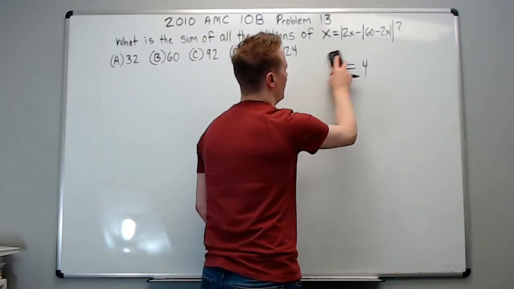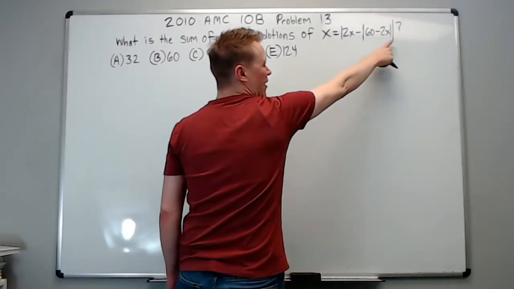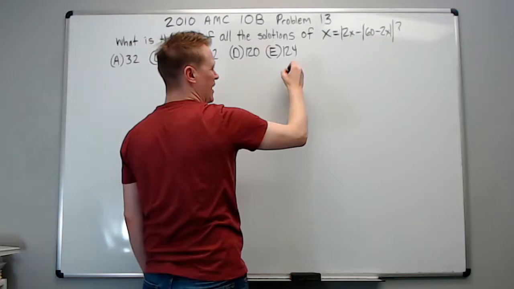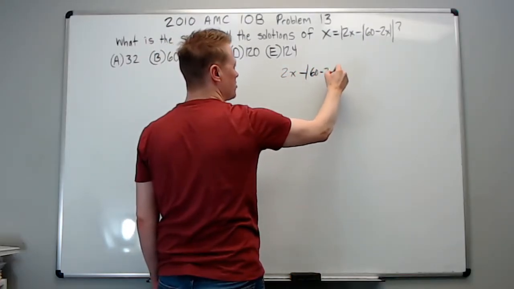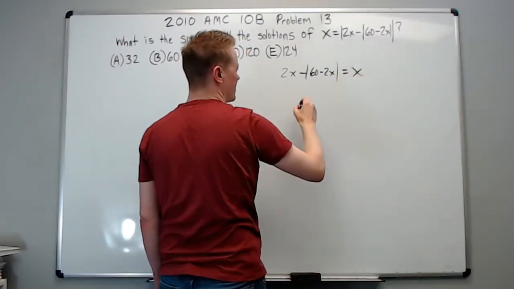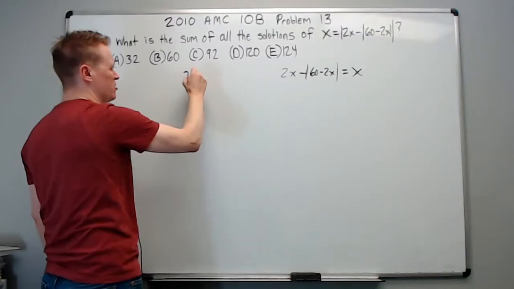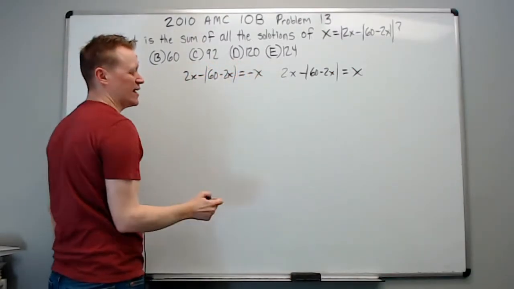Okay, then in that case, we can take off the outer absolute value first and get 2x minus the absolute value of 60 minus 2x equals x. We can also get that 2x minus the absolute value of 60 minus 2x equals negative x.